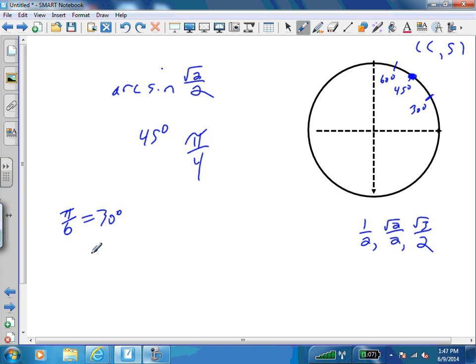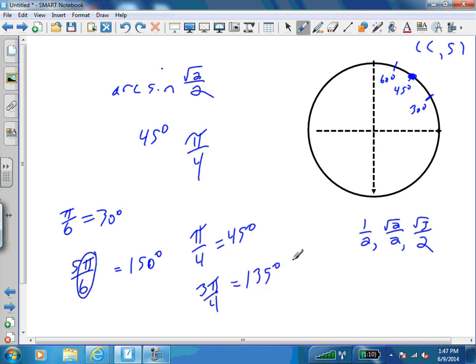And the shortcut I told y'all is that if we have something that is a multiple of that, if pi over 6 is 30 degrees, then 5 pi over 6 is just 5 30s, which is what? 150. So instead of having to manually calculate that every time, just remember pi over 6 is 30, and that's 5 of those, so that's 150. Pi over 4 is 45. So if we have 3 of those, 3 45s is 135.